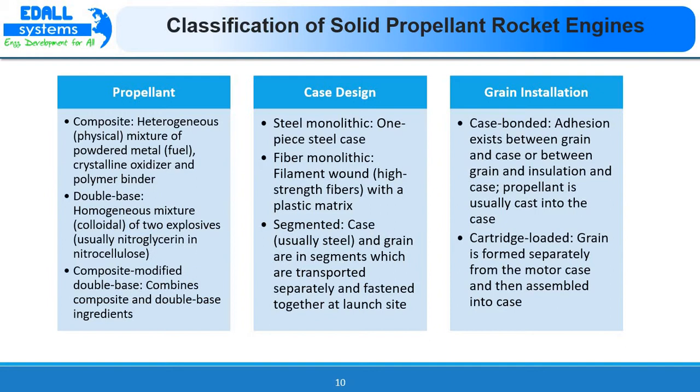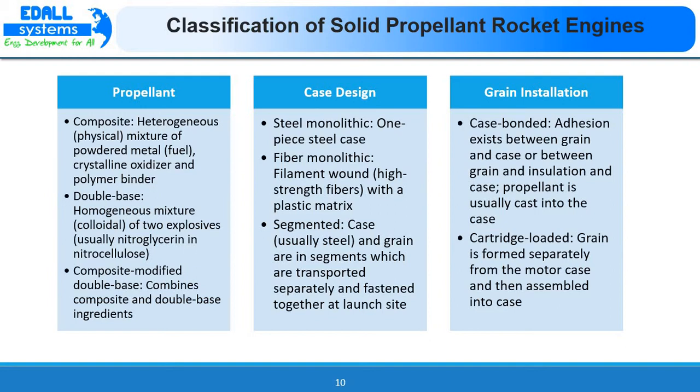Composite propellants are a heterogeneous mixture of powdered metal, which may be a fuel, a crystalline oxidizer and a polymer binder. Double base propellants are a homogeneous mixture of two explosives, usually nitroglycerine and nitrocellulose, and the last one, composite modified double base propellants, is a combination of composite and double base ingredients.